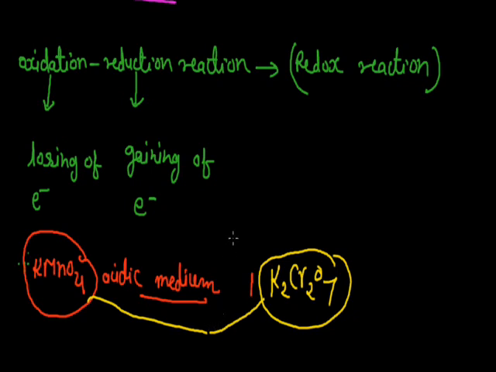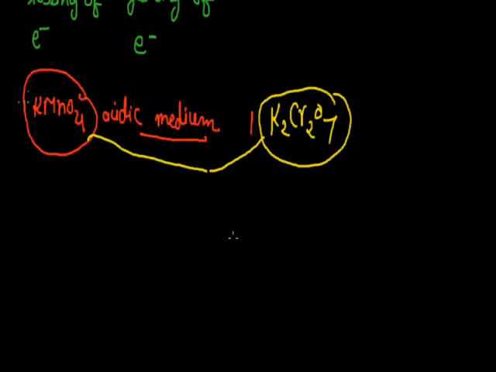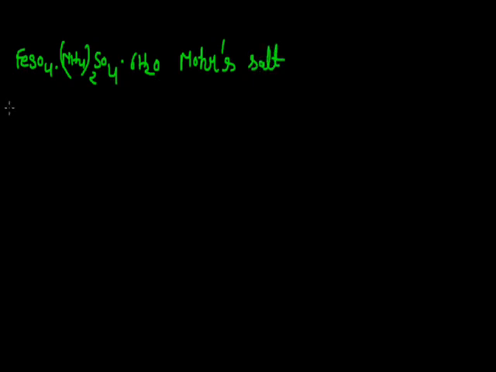And we have another example, ferrous ammonium sulfate, FeSO4.(NH4)2SO4.6H2O, also called Mohr salt, or simply a double salt. It is a reducing agent.